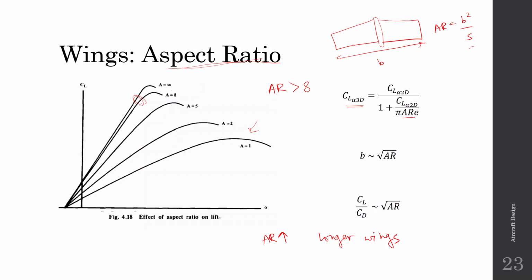Now, in case of finite wings, we have a concept called induced drag. This concept is not there in the case of aerofoils. At the edge of the wing we have vortices, and the high pressure air from below circulates upward to the top of the wing surface.